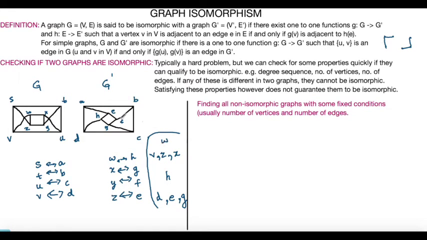You can check it for each vertex: you take the connected vertices of any vertex in G, check the mapping of each of those vertices, and then go to G prime and see whether that connectivity is maintained in the new mapping. So this means that G and G prime are isomorphic.